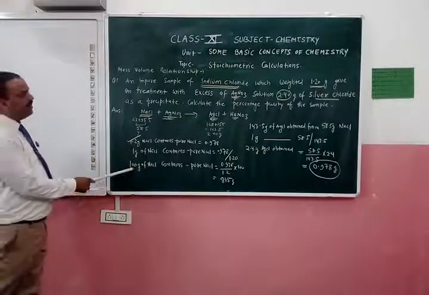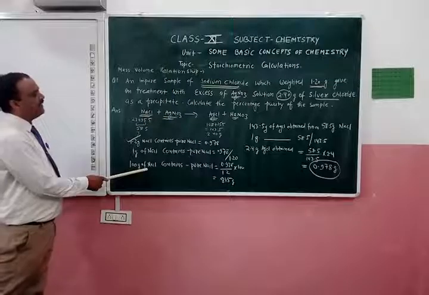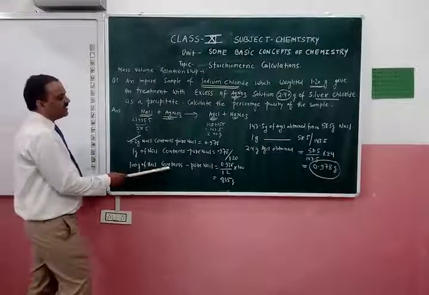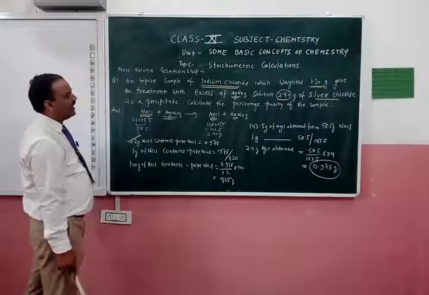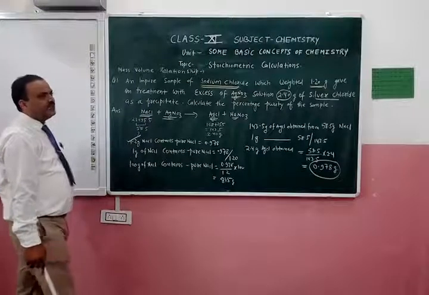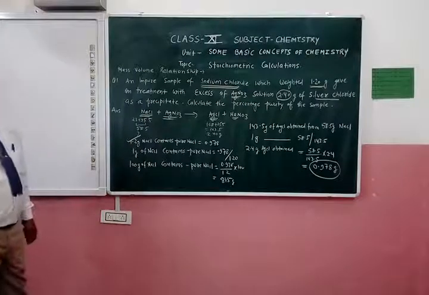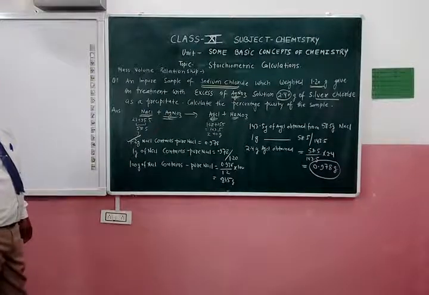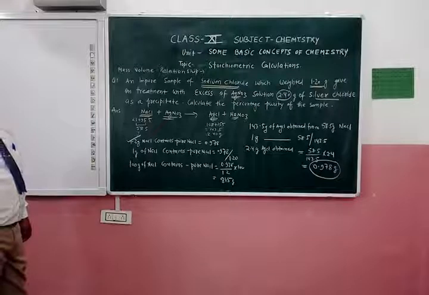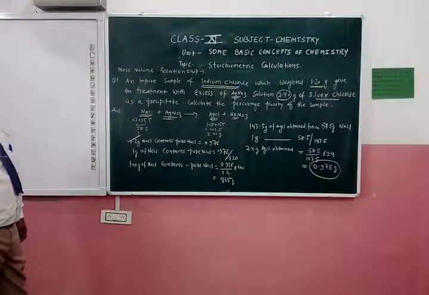If we have 100 gram of NaCl, how much quantity of pure NaCl does it contain? Percentage means per 100. When we count the percentage, you have to count the value on a per 100 basis.